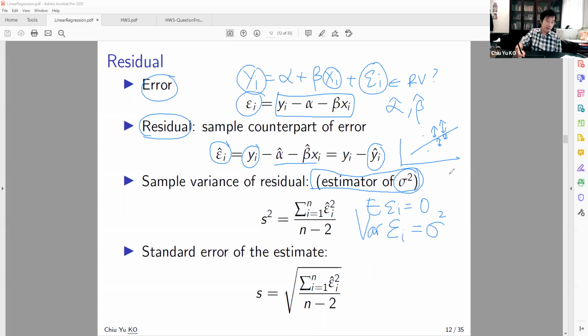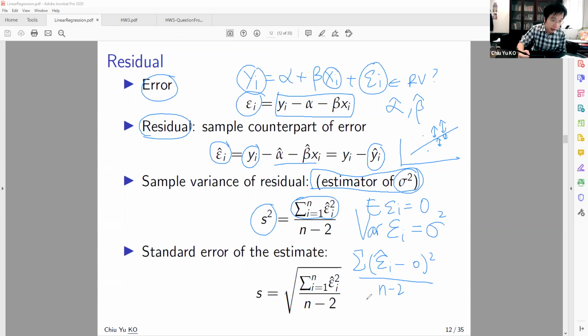Same as what we learned. This minus zero because the mean is zero, right? So this minus zero, square, over n minus 2, okay, no, n minus 1.